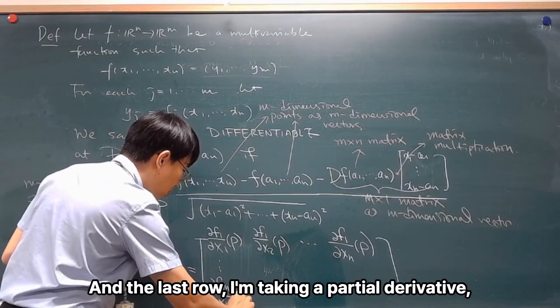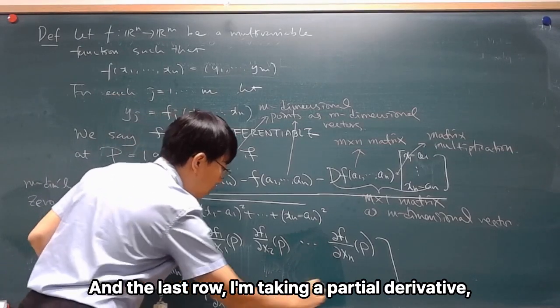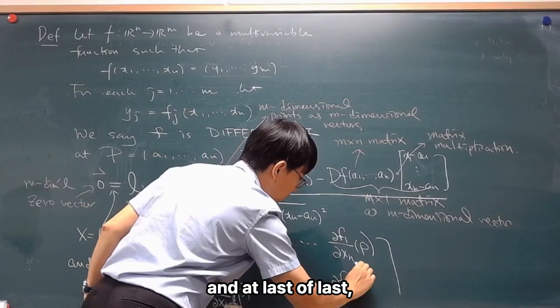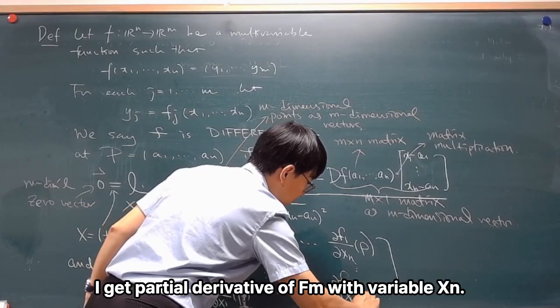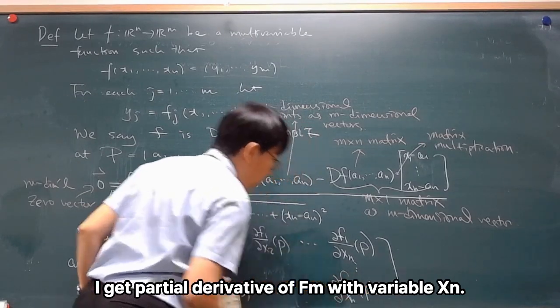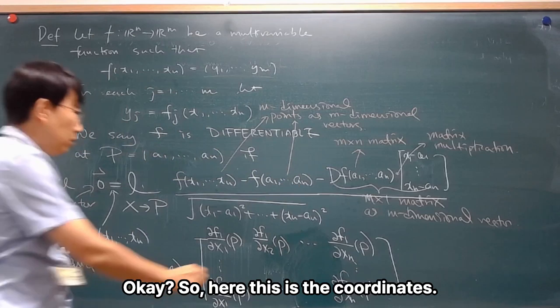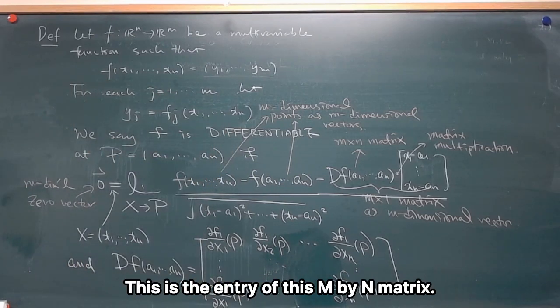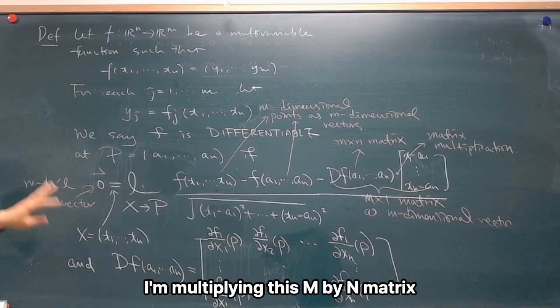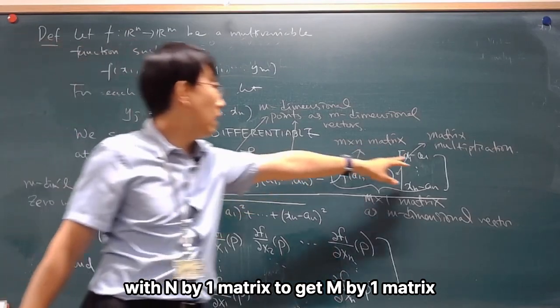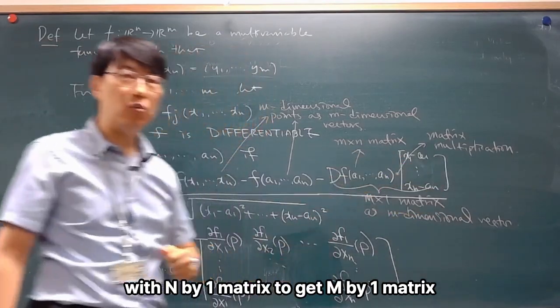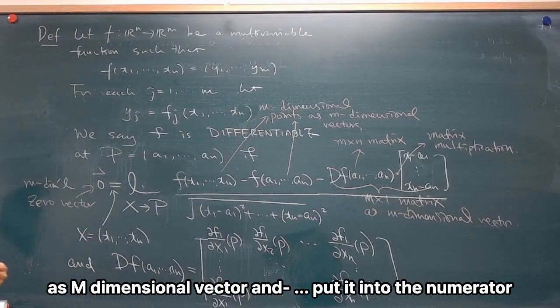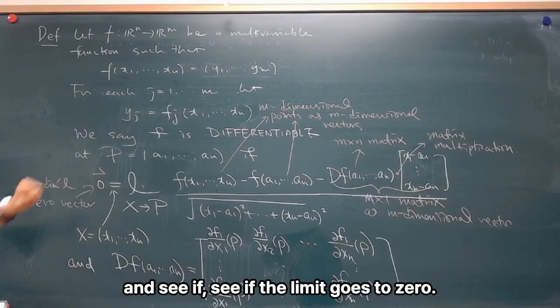In the last row, at the very last, I get the partial derivative of fm with respect to xn. So these are the entries of this m by n matrix. I'm multiplying this m by n matrix with an n by 1 matrix to get an m by 1 matrix, an m-dimensional vector, and put it into the numerator and see if the limit goes to 0.